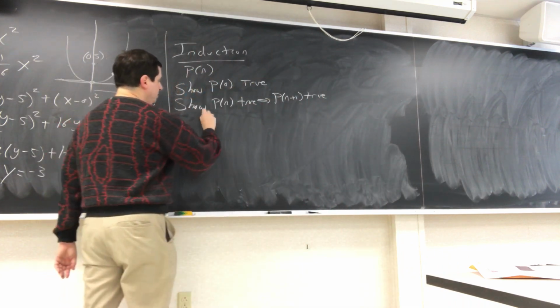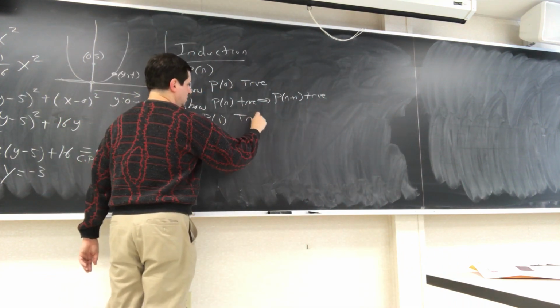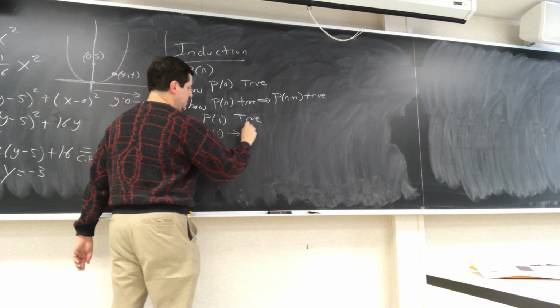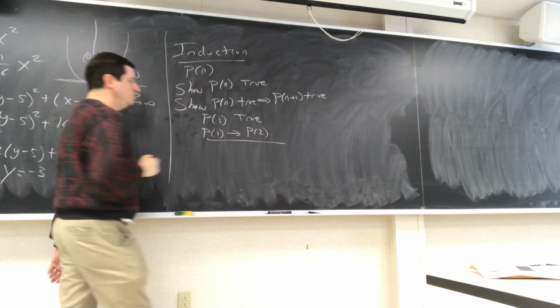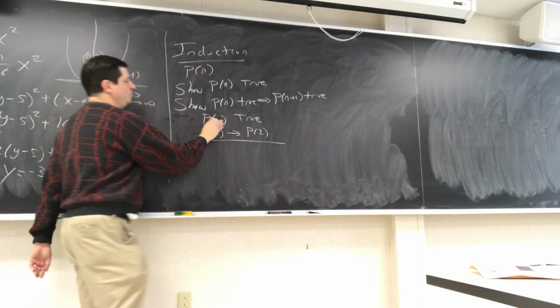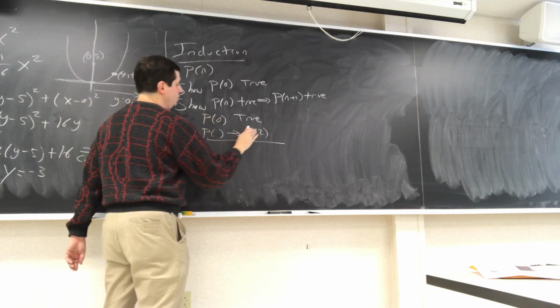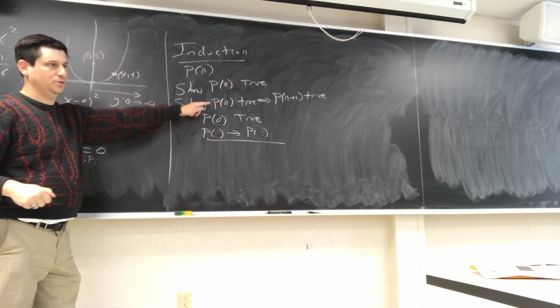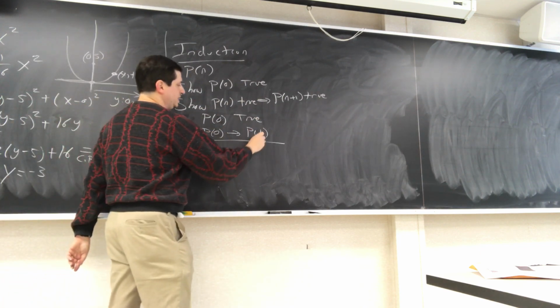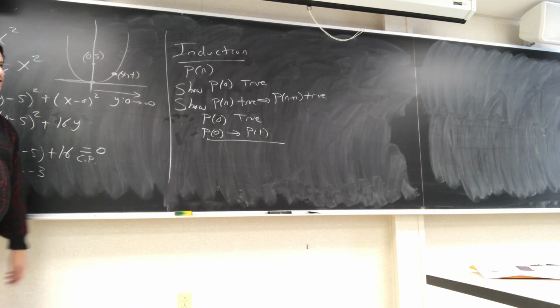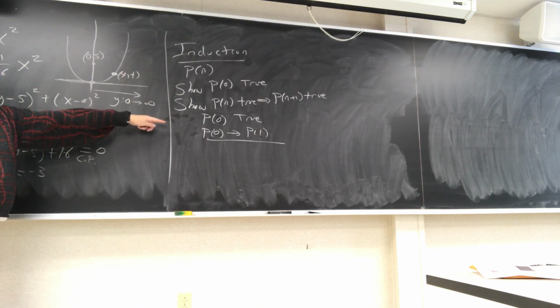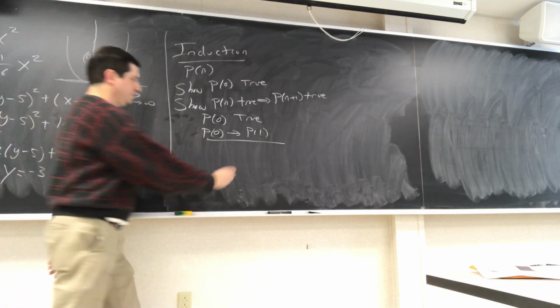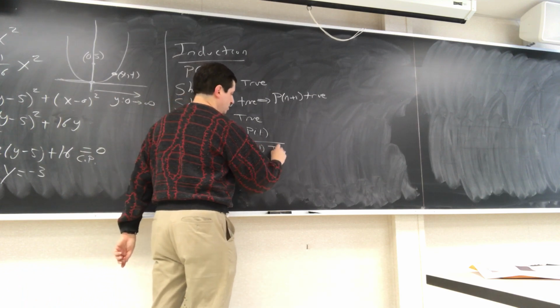Why is this true? Well, we're starting off with P0. And then we know Pn implies Pn plus 1. Let's take n equals 0. And then that gives us P0 implies P1. So what can we now conclude? P1. We now know P1 is true.